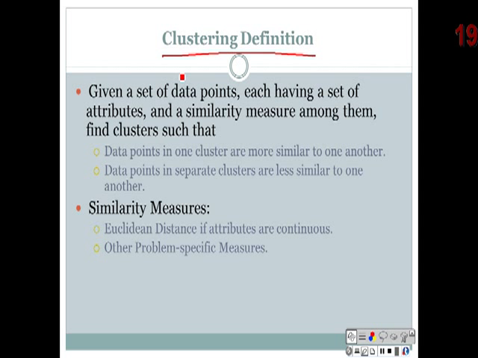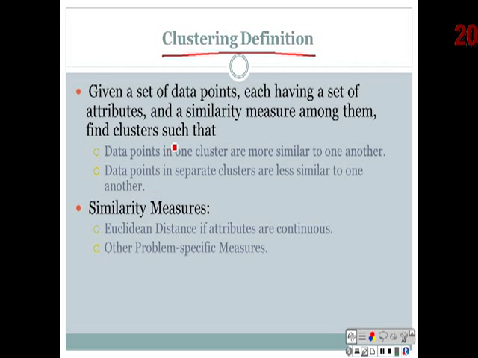So we have distributed data, and what we want to do is find similar attributes between those data and cluster them, put them together to find the best match. So given a set of data points, each having a set of attributes and a similarity measure among them, the goal is to find clusters such that data points in one cluster are more similar to one another, whereas the data points in separate clusters are less similar to one another.